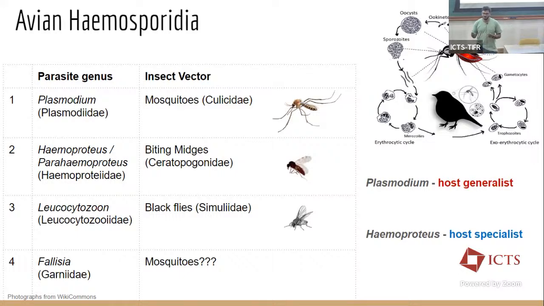We are getting a lot of infected birds, which is a sign that there is a good amount of co-evolution happening. There is no mortality at a large scale, except for a few examples, which I'll come to. And the mosquitoes are Culex mosquitoes, the Culicidae, and in very few instances some Anopheles were experimentally shown to be capable of transmitting, but there is no direct evidence in the wild.